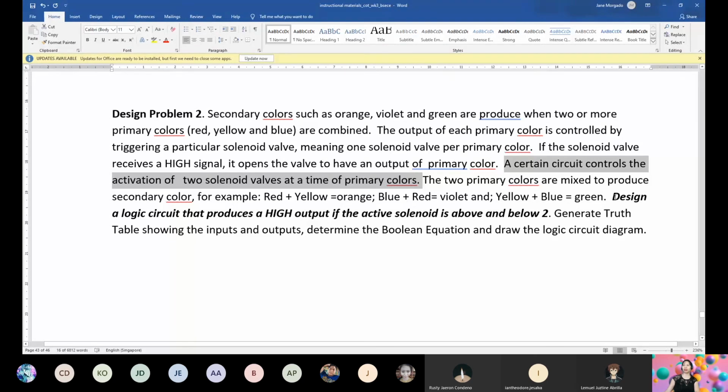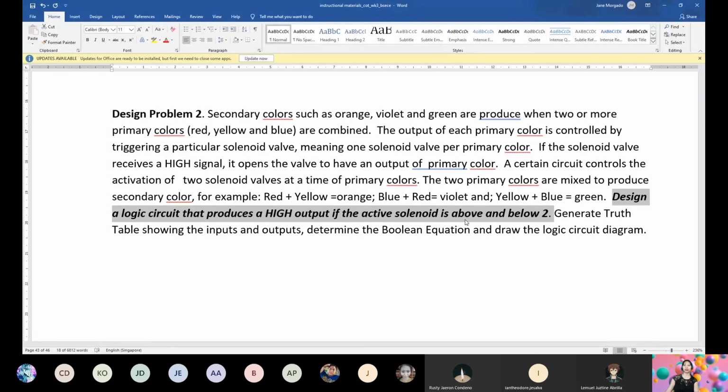Okay? So, sabi dito, design a logic circuit that produces a high, ano ba yung high? 0 or 1? 1. If the active solenoid is above 2, again, pag above 2, that is 3.